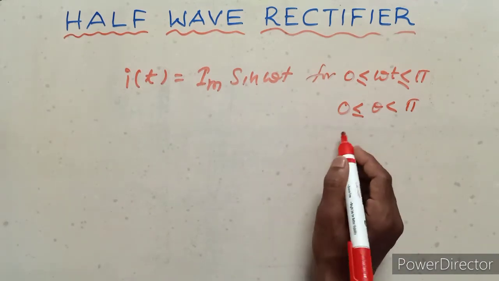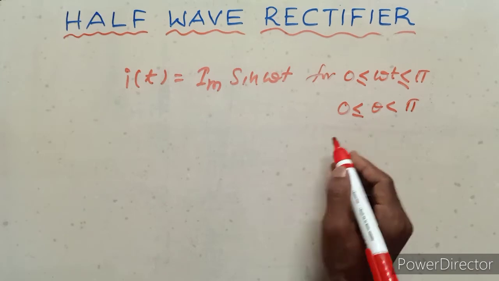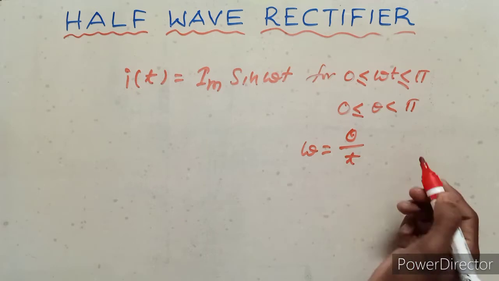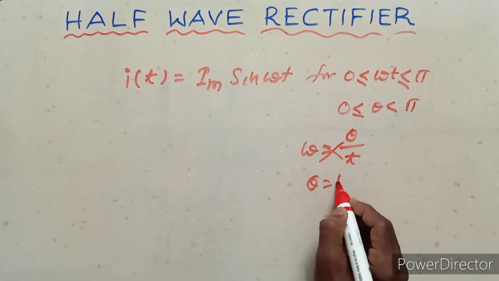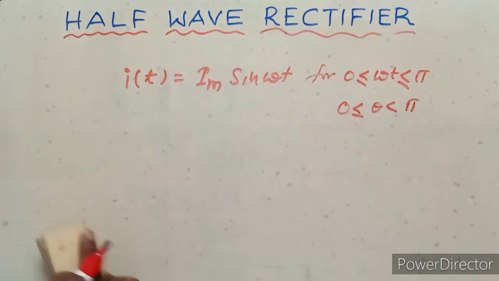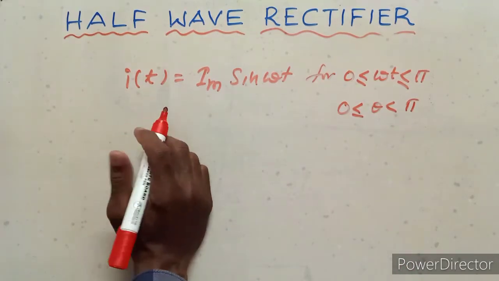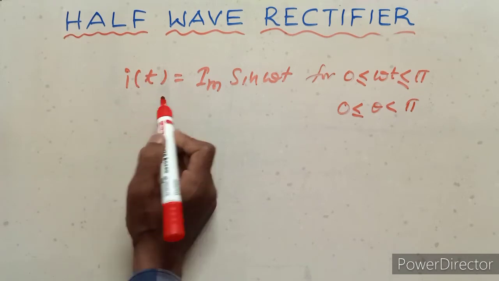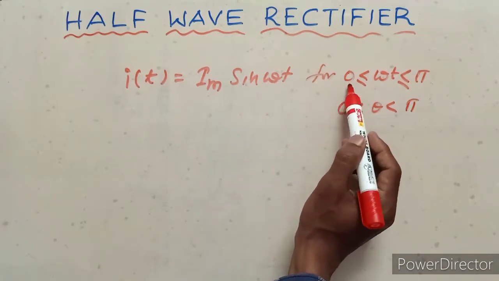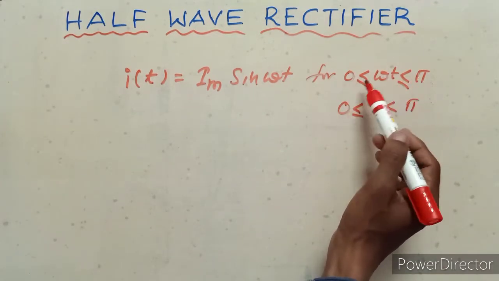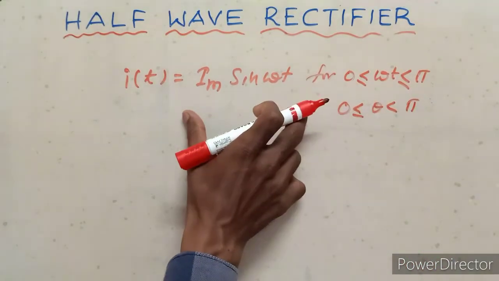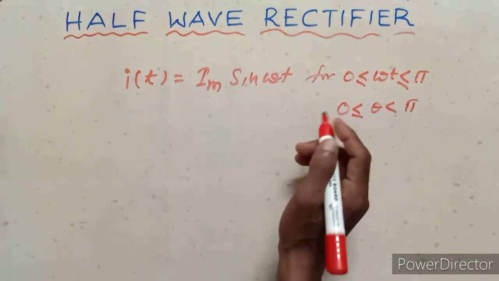Omega equals angular position upon t, so theta equals omega t. So the current function equals Im, the maximum current, times sin omega t for 0 to pi. This is where the current is allowed.